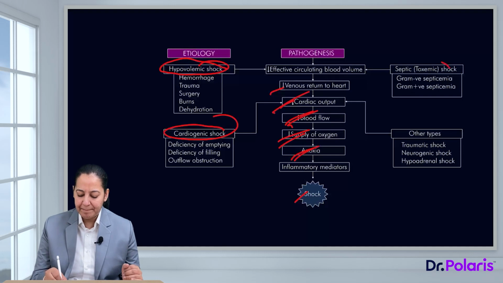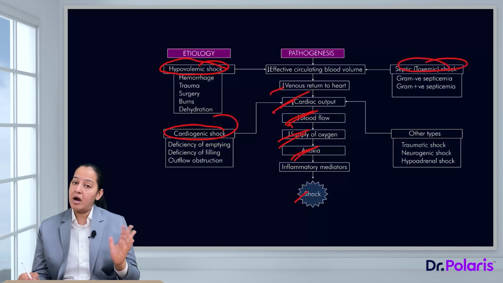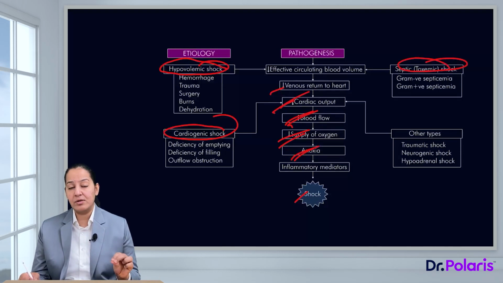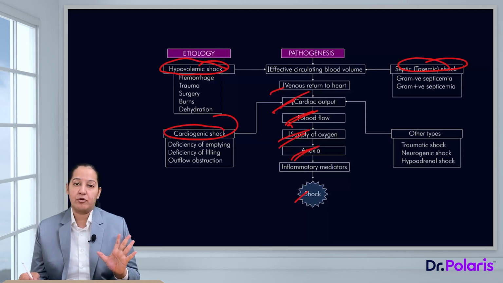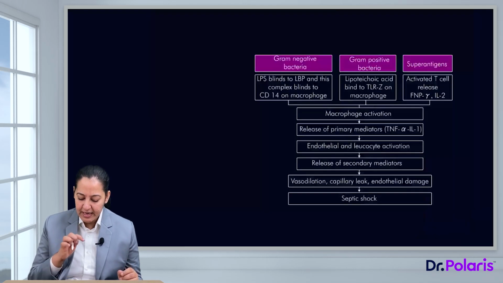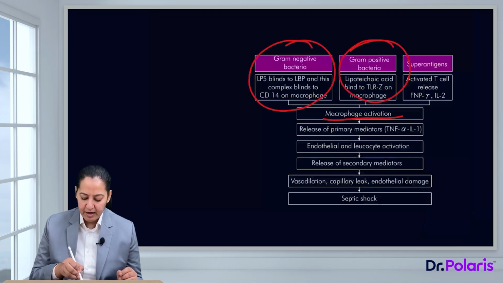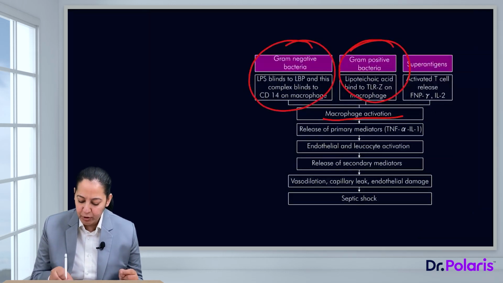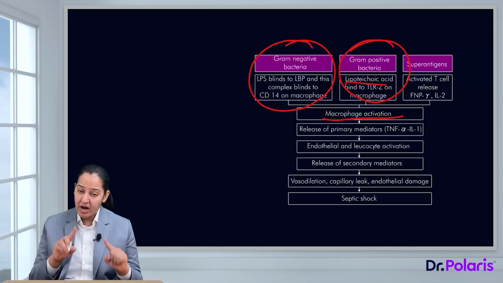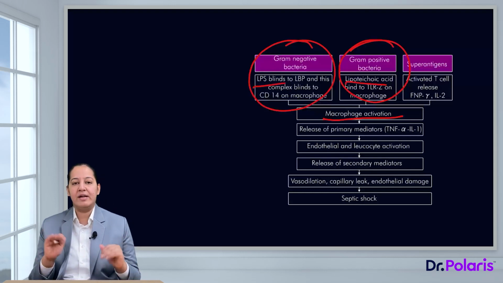The third shock is septic shock. It is due to infection, gram-positive or gram-negative bacteria, causing activation of macrophages by stimulating CD14 receptors on the macrophage. And that is causing the release of certain cytokines. If it is gram-positive bacteria, lipoteichoic acid is released in the blood. If it is gram-negative bacteria, lipopolysaccharide is released in the blood.